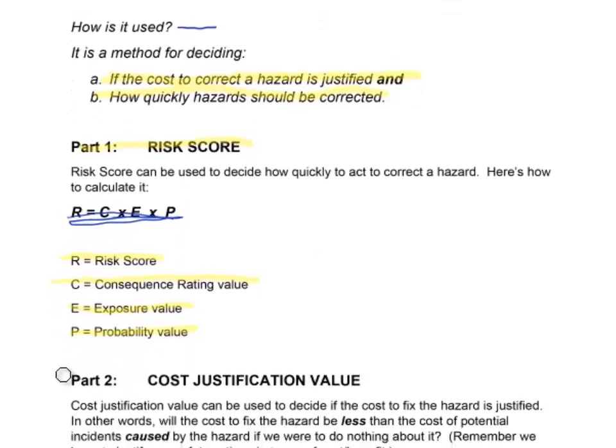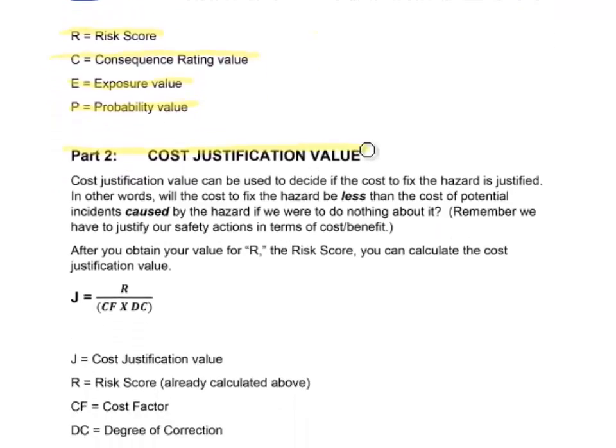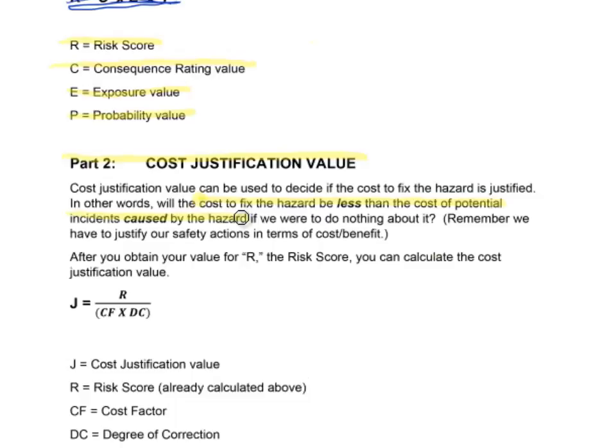All right, the second thing that we're going to calculate is the cost justification. So that means, again, like I explained, we have to show that the cost to fix the hazard will be less than the cost of the potential incidents caused by the hazard if we were just to do nothing about it at all. So here's how we calculate it.